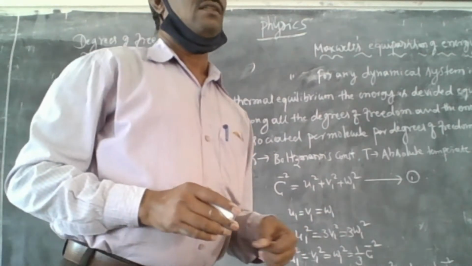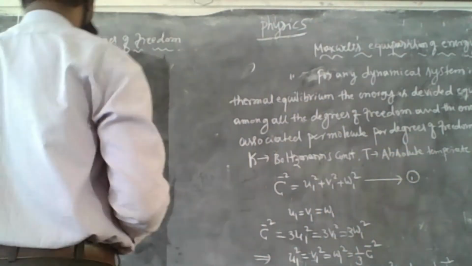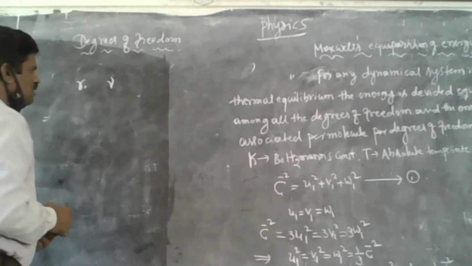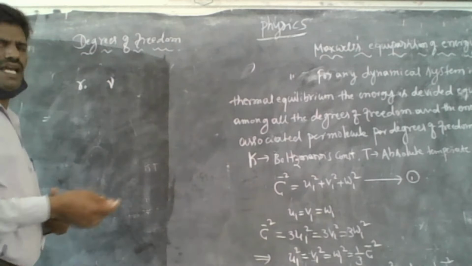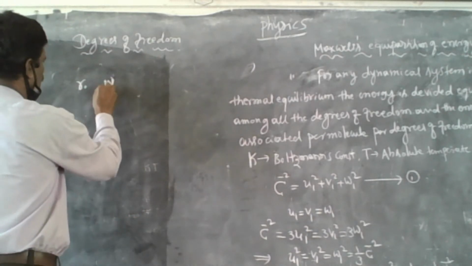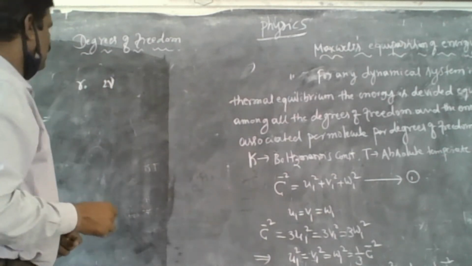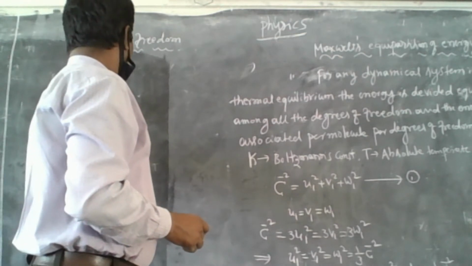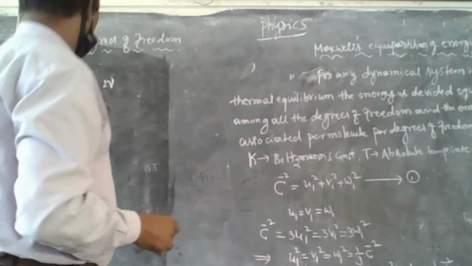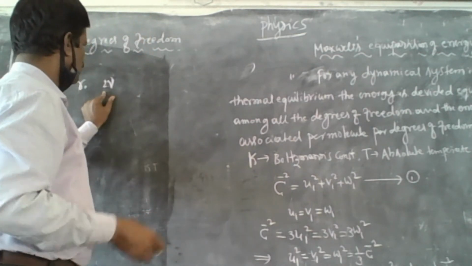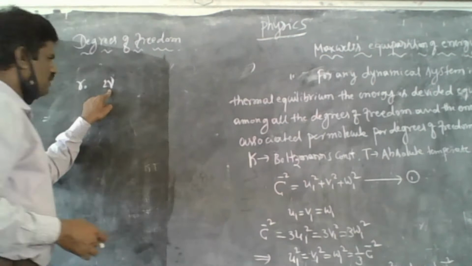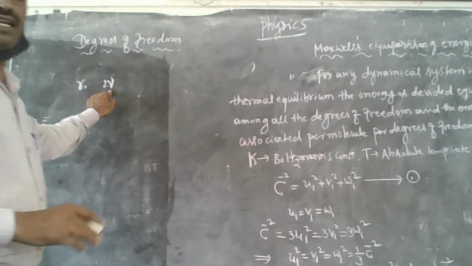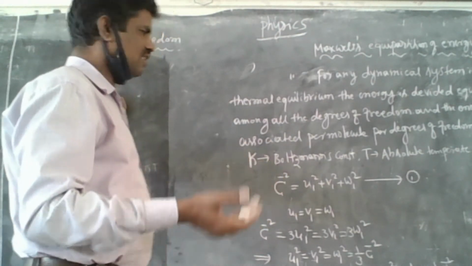Therefore, the total number of vibrational degrees of freedom of the molecule along any of the axes is given by 2 nu. Here the vibration energy is the contribution of kinetic energy plus potential energy, so half due to potential energy and another half due to kinetic energy.